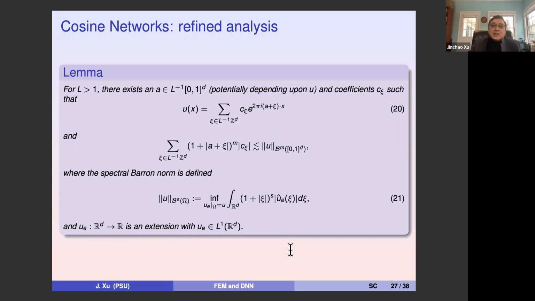And if you do this in a unit cube, you want to extend this out a little bit, you cut it out. You can make it a periodic extension, for example. You can pretty much write this as a Fourier series on some kind of scaled lattice, like this lattice.